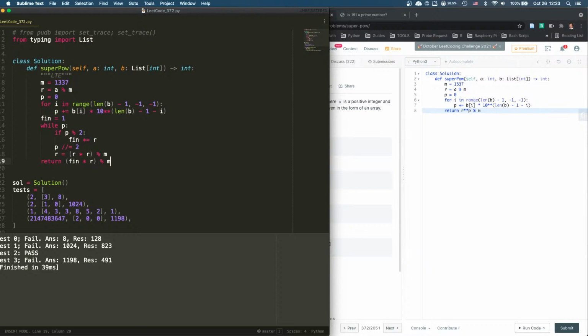All right, power was to the 8th power, right? So it's 2 to the 3rd, right? 2 to the 3rd. So I say power is equal to 3, all right? And 3 is p divided by 2.